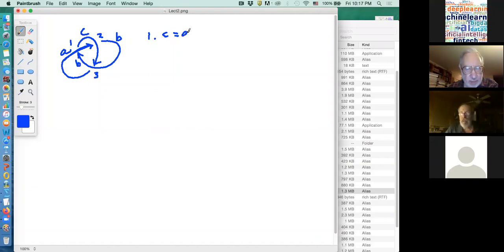So we have C is equal to A inverse BA. And at crossing number 2, we have that B is equal to C inverse AC. And at crossing number 3, we have that A is equal to B inverse CB.